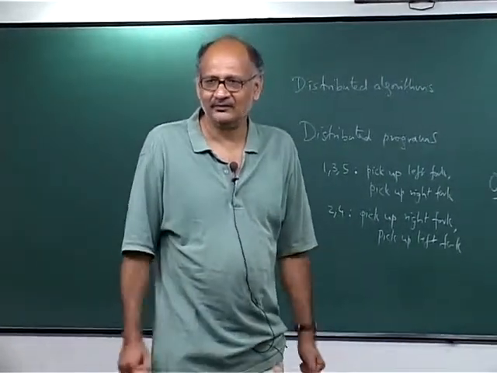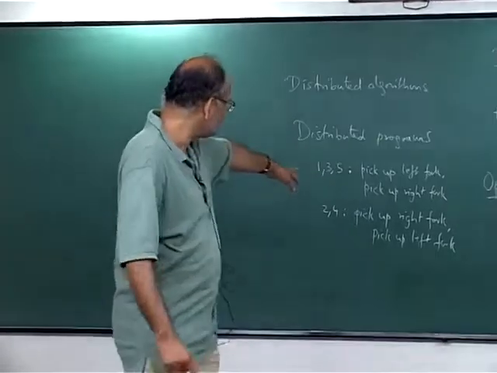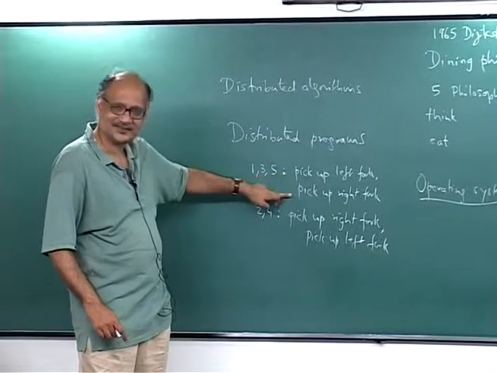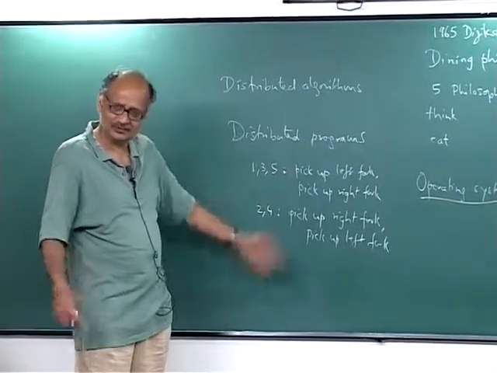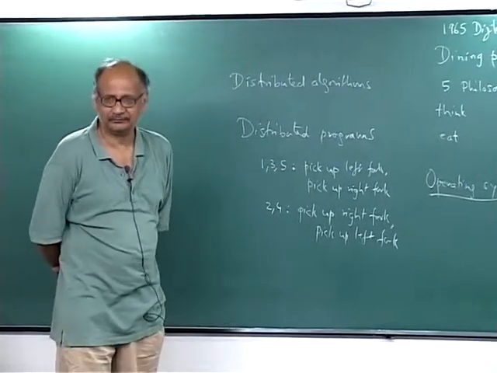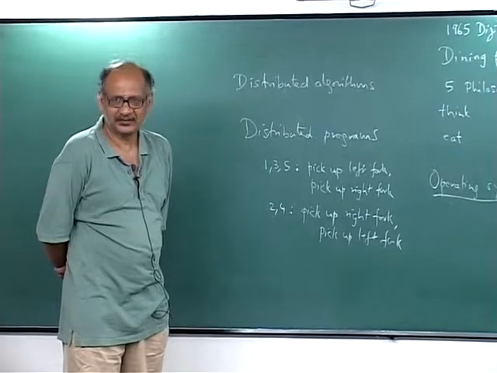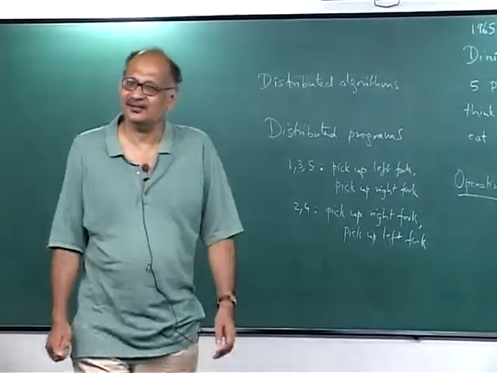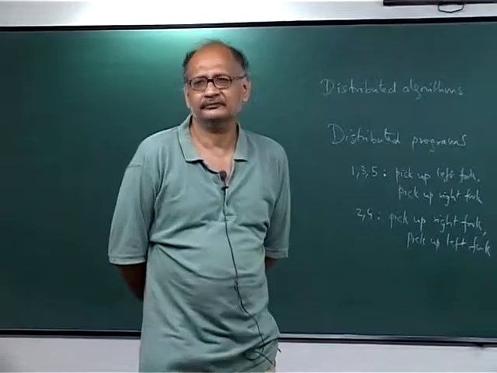No, this is what I have assumed. This operation and these two operations are separately atomic. That's all I'm assuming. Picking up the left fork is one atomic action, picking up the right fork is one atomic action, right?